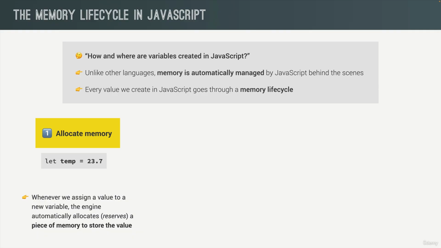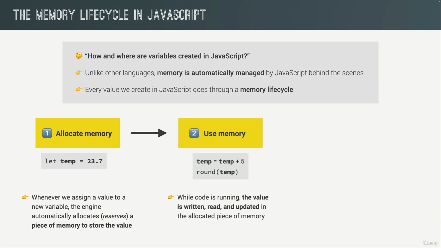Then, as the app runs in the user's browser, the allocated piece of memory is used whenever the stored value is being accessed, for example, to write, read, or update the value. So this part is pretty obvious, but it's important to mention that this is also part of the memory lifecycle. And finally, what happens when the value is no longer needed?